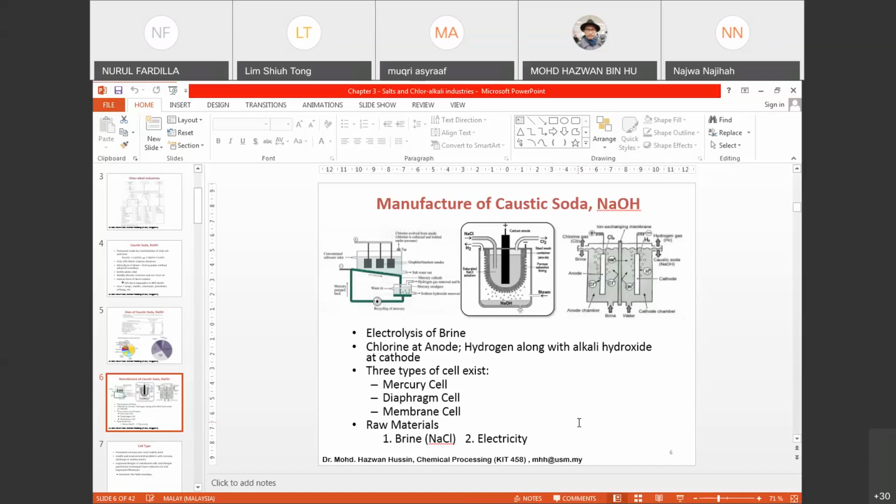There are three types of electrolysis cell for the production of caustic soda. This one is quite important for you to remember. The first is the mercury cell, the second is the diaphragm cell, and the third is the membrane cell. The raw materials required for the electrolysis of brine are only brine, which is NaCl solution, plus electricity, electrodes, and a container or cell.